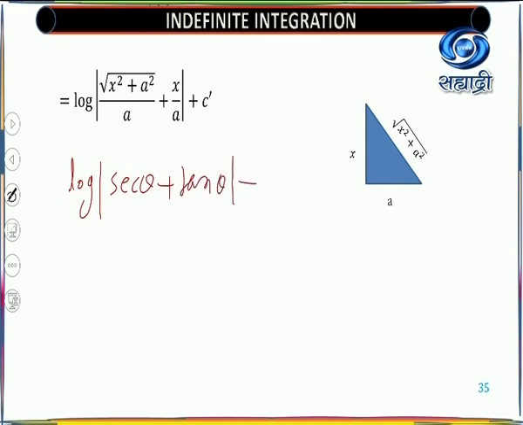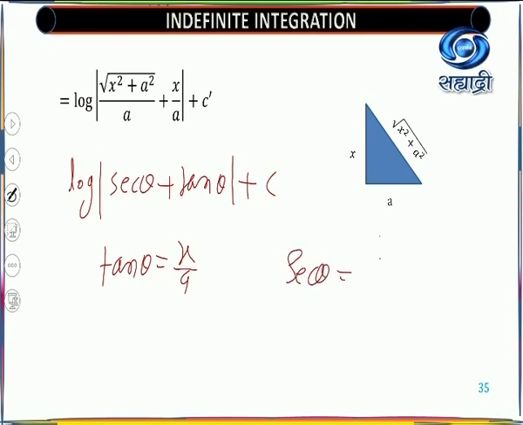Now we'll use two methods. First one is that you already have your substitution, that is tan theta is equal to x upon a. So from the figure you will get the value of sec theta.